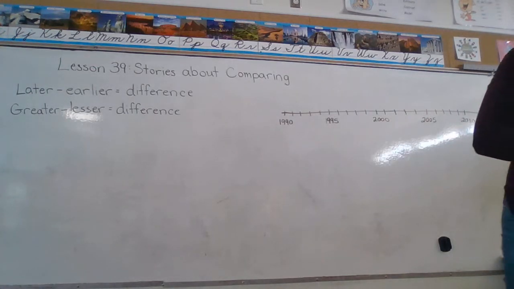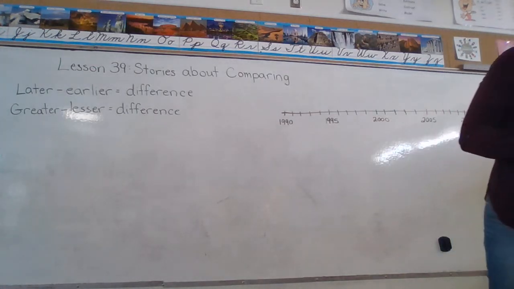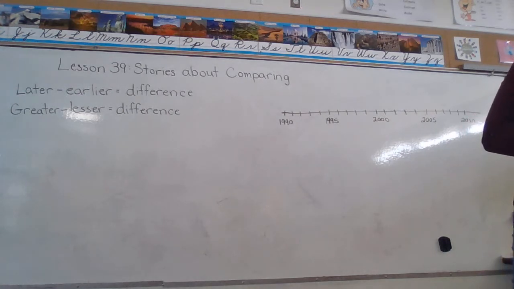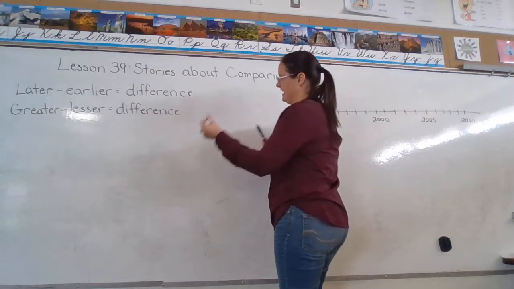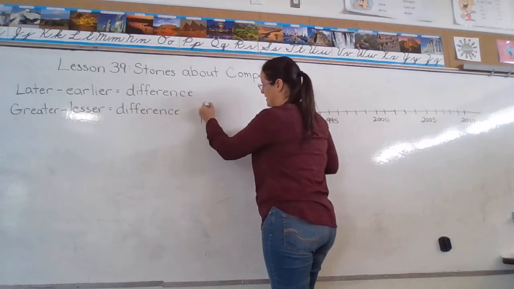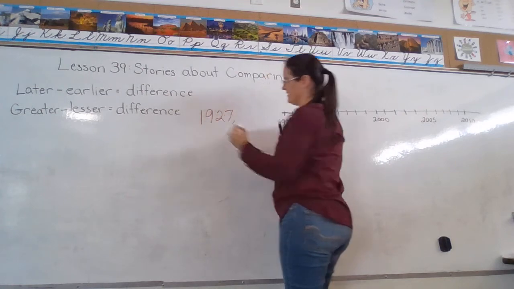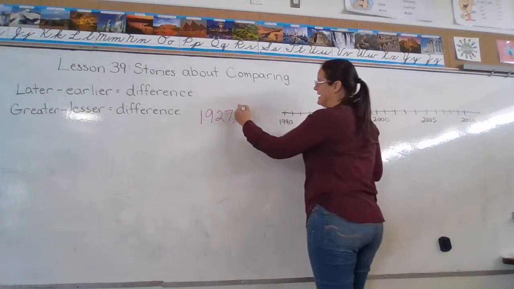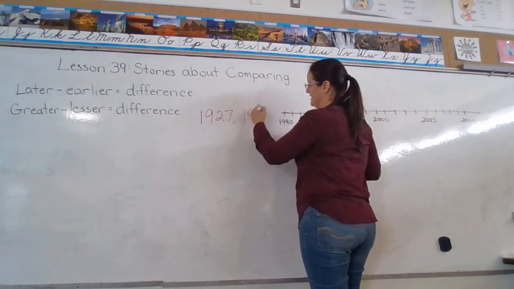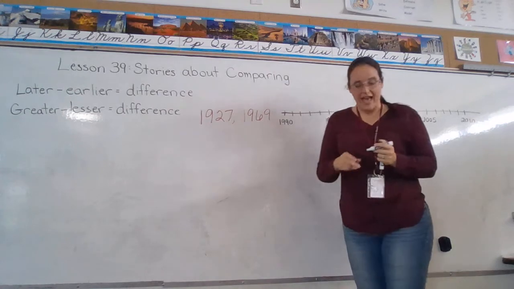It says, how many years were there from Charles Lindbergh's flight across the Atlantic in 1927, until Armstrong and Aldrin walked on the moon in 1969? So we have our 2 years.